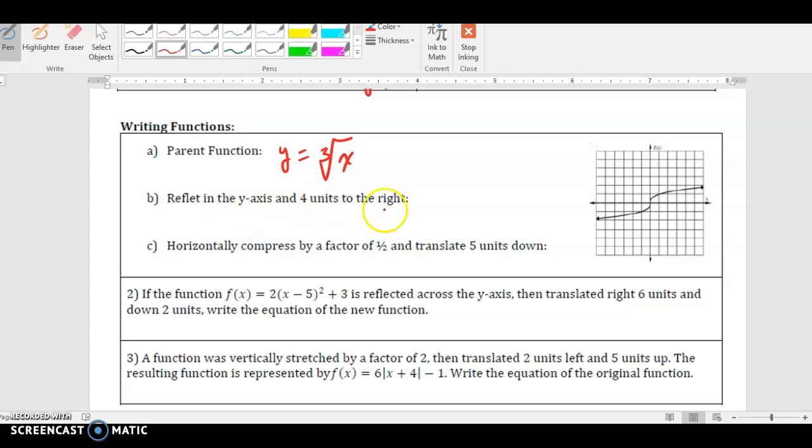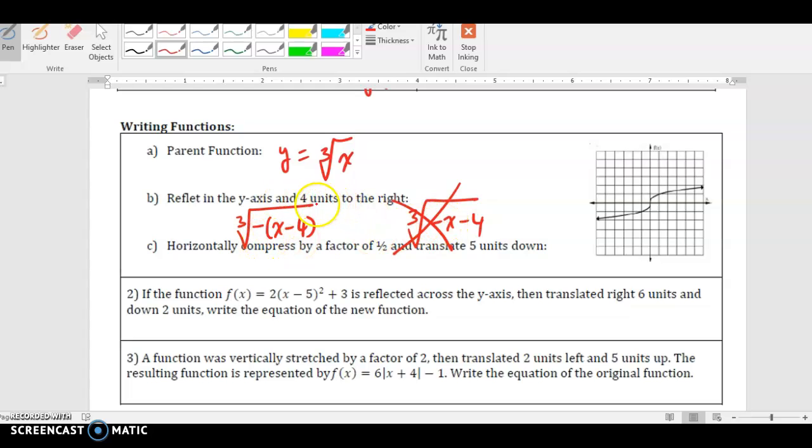But it reflects in the y-axis, meaning it's reflecting over the y-axis, right? Which means the negative is happening inside the function. So it's cube root of negative x, but it's going 4 units to the right, and that is also happening horizontally. If you write this as cube root of negative x minus 4, this is not the same as this.